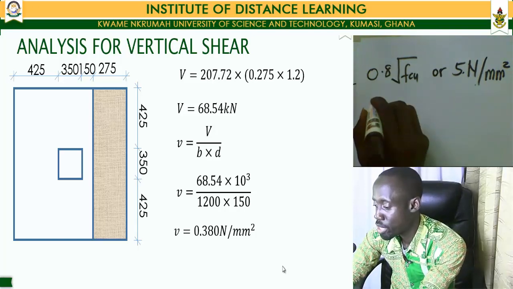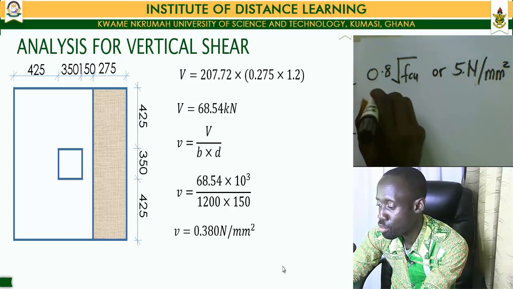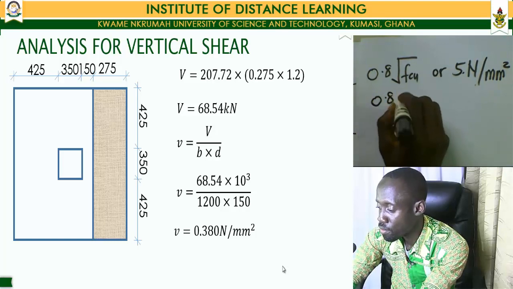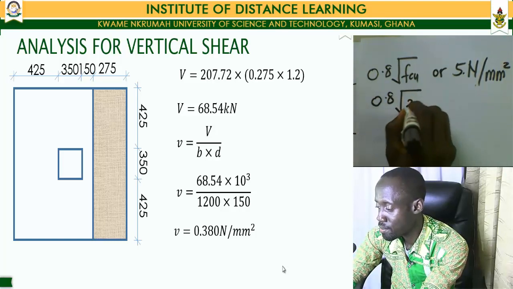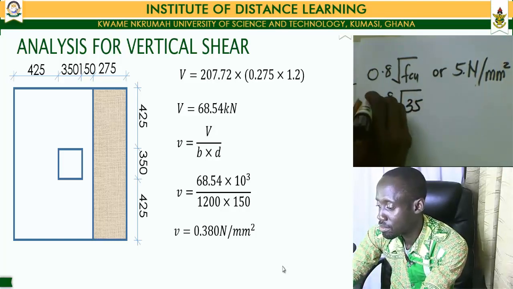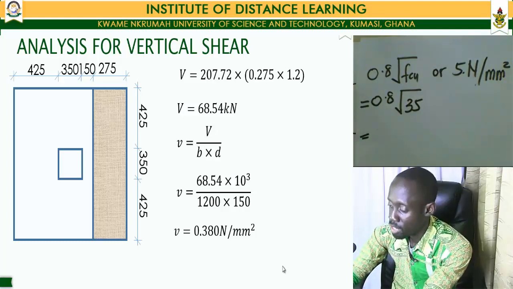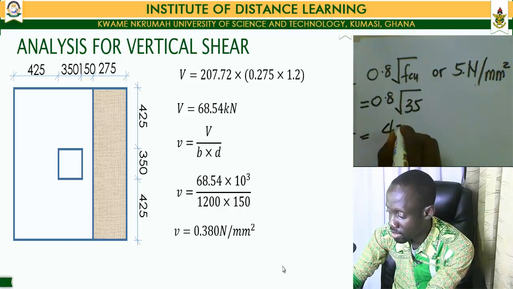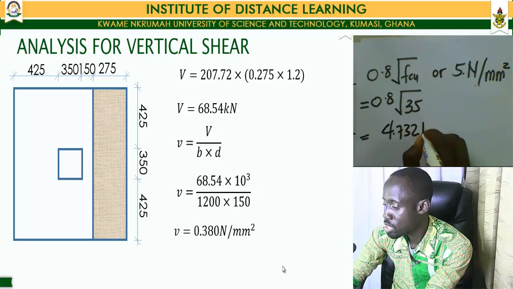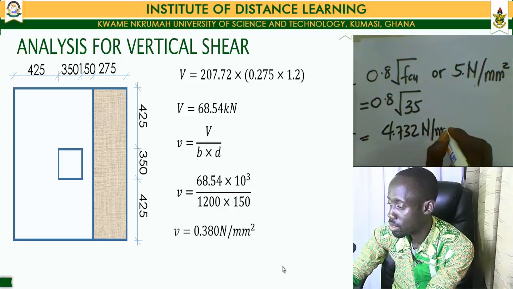Calculating 0.8 root of our FCU, which is 35, gives a value of 4.732 newtons per millimeter squared.